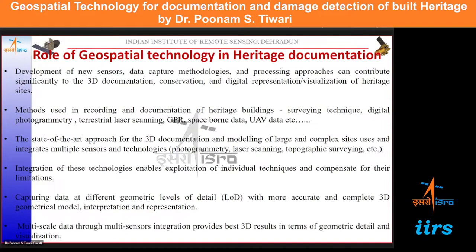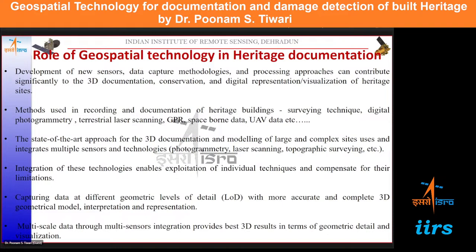Then you might require very high resolution data for certain applications, such as damage detection, or finding out the issues with the paintings and all. So in such cases, a higher level of detailed data set can be utilized.